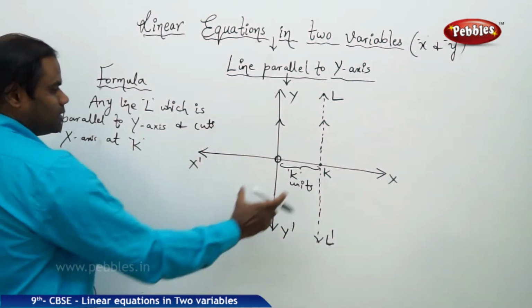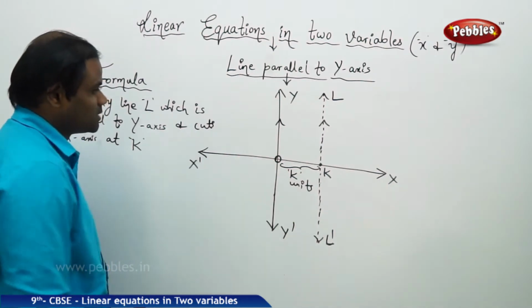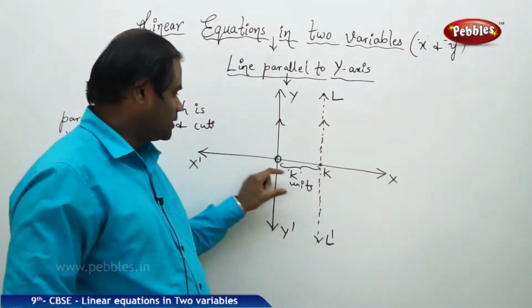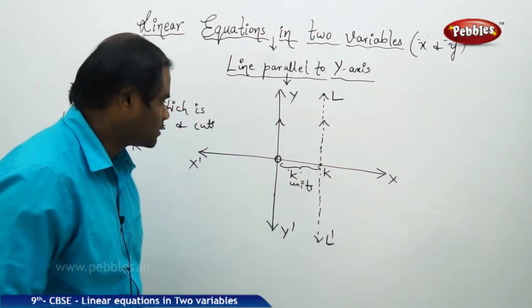So geometrically this distance is k units, that is the distance of the line from y-axis is k units, is how I understand the concept.